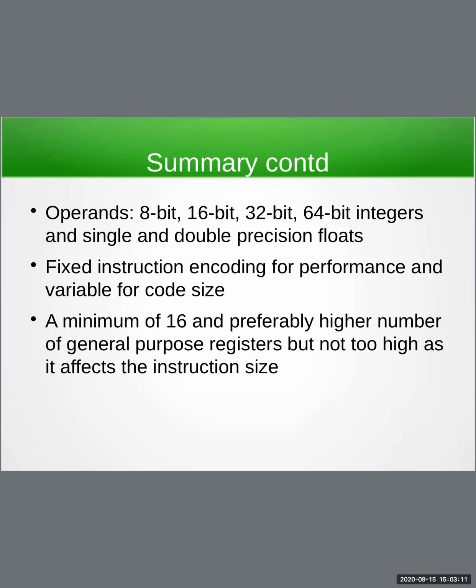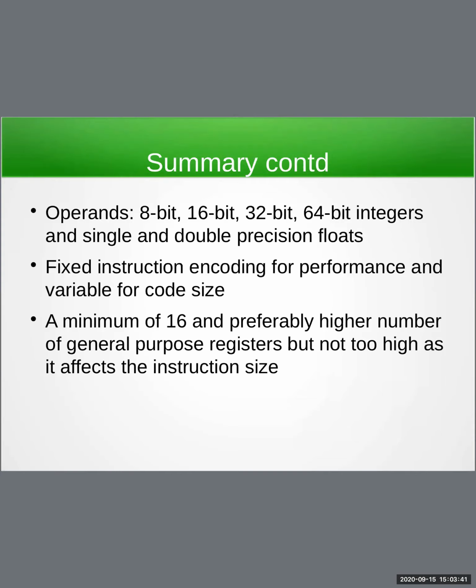Okay, and how many registers do you need? For general purpose registers, a minimum of 16 is needed because the register allocation algorithm of the compilers requires at least 16. But if you have a higher value, it is good. But having too high a value will mean that your instruction size will increase, therefore the code size will increase, and therefore the performance will go down.